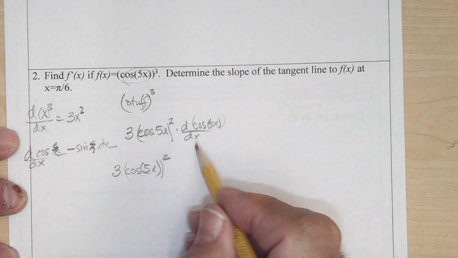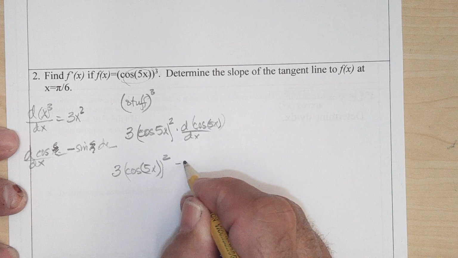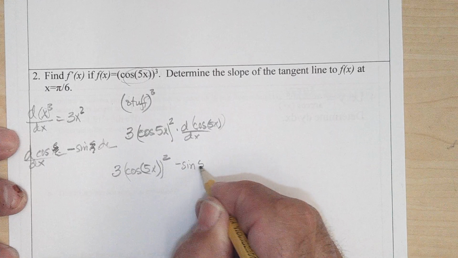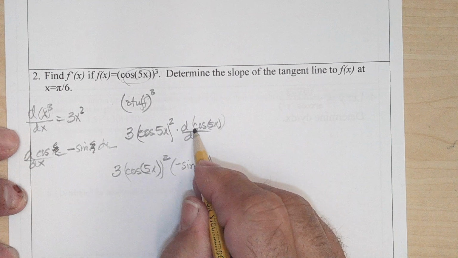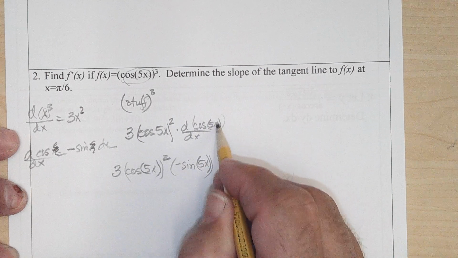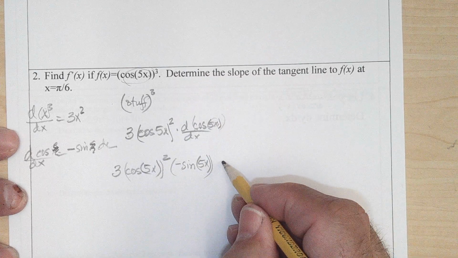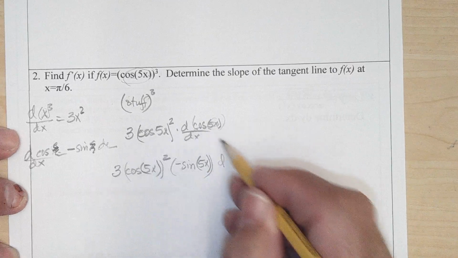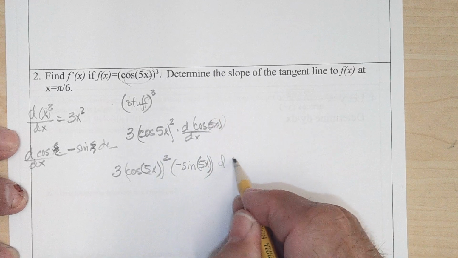Chain rule. So the derivative of this is negative sine 5x. That's the derivative of cosine of something, it's the sine of the something, and then it's times the derivative of the inside, or the stuff.